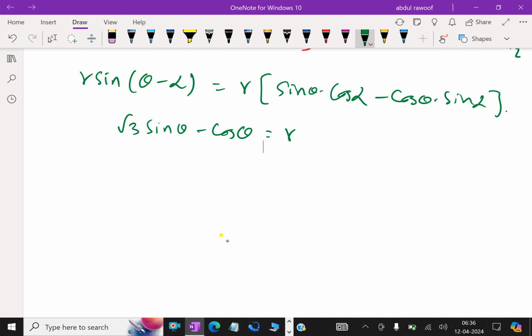We write as it is, sin theta cos alpha minus cos theta sin alpha, which implies that R equals the square root of root 3 squared plus 1 squared, which is the square root of 4, which is 2.